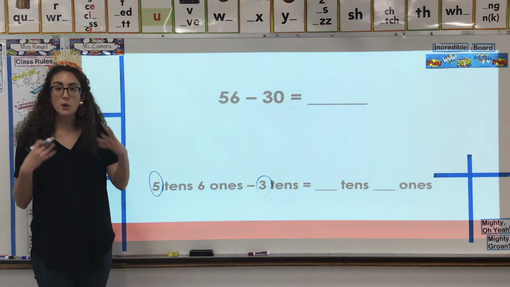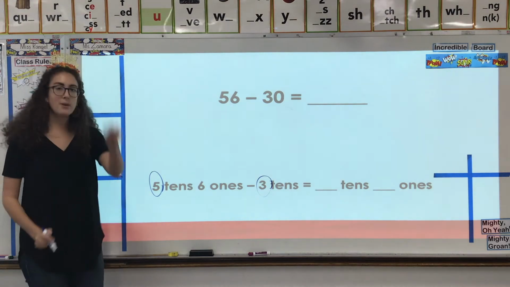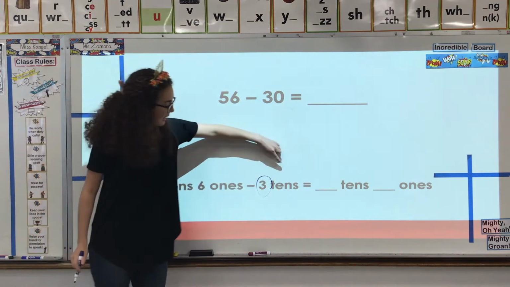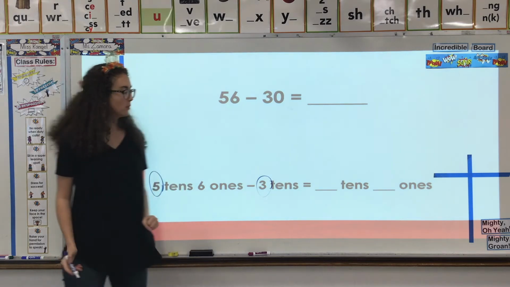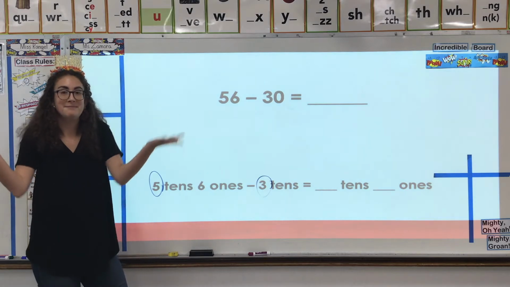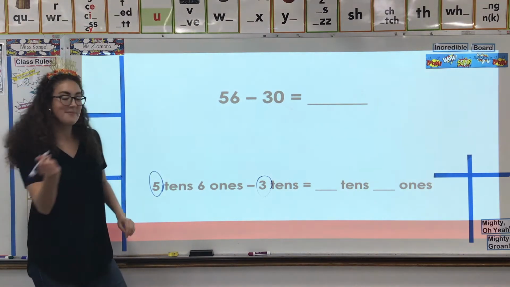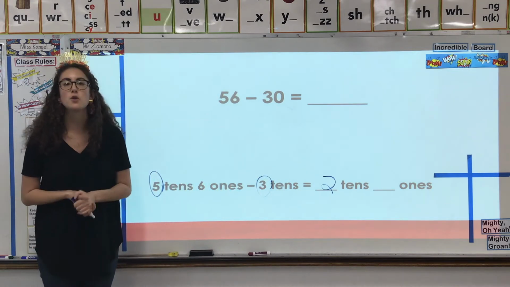Those are the numbers we're going to work with since they're in the same place. So my friends, if we have 5 tens, and you're going to take away 3 of them, how much will we have left? 5 minus 3. We're going to have 2 tens left, just 2 tens.